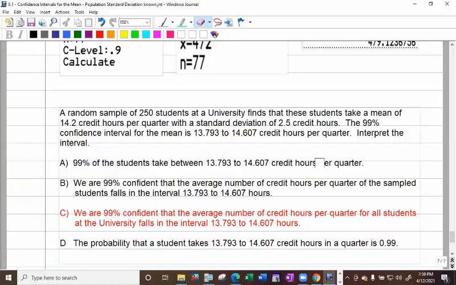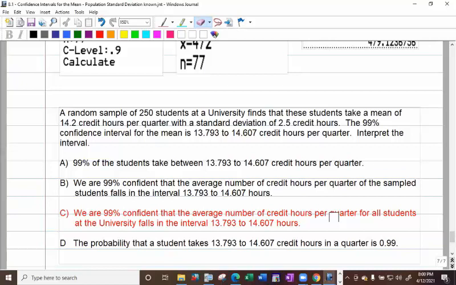Now, B is a little tricky. Let me jump down to D for a second. Well, D is a lot like A. They're almost kind of similar. That's not right either. The probability that someone's in that range, and that A student, that's not what we're measuring here.